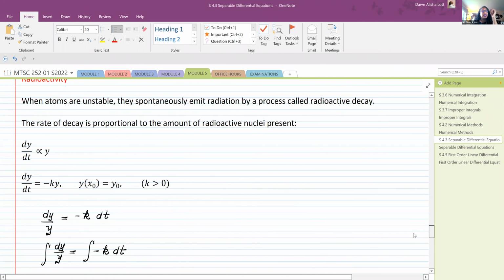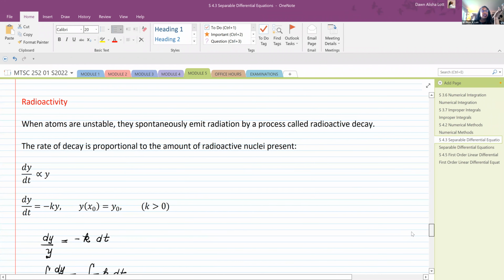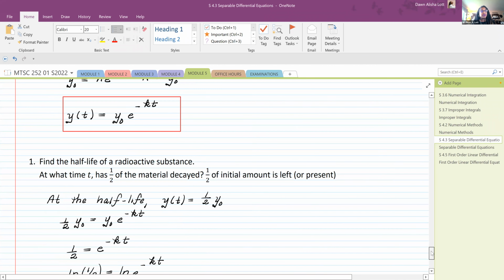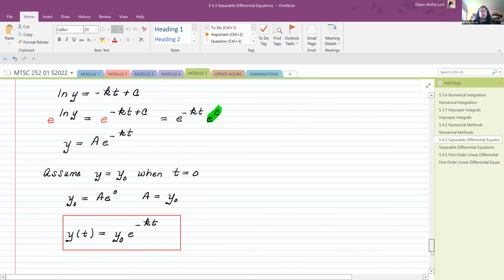The first application we were doing was radioactivity. We said the rate of decay, which is dy/dt, is proportional to the amount of radioactive nuclei present. That was y. It was decaying, so dy/dt has to be negative. We solved for what the solution would look like for that problem.